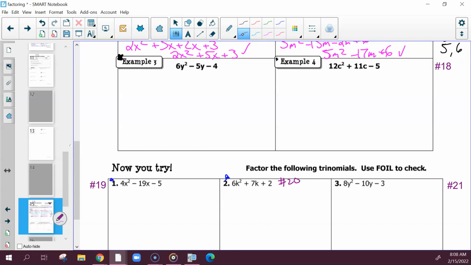Number 3, do we have a GCF? 1. And then take 6 and negative 4, multiply them together. We get negative 24.